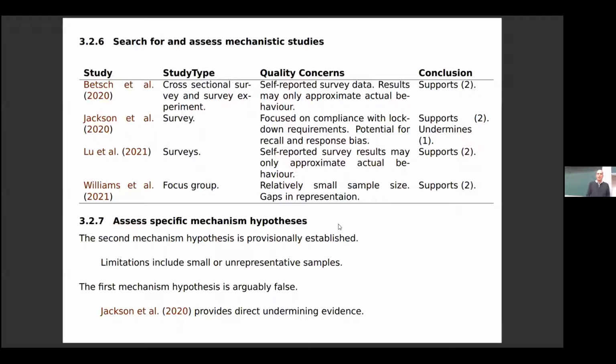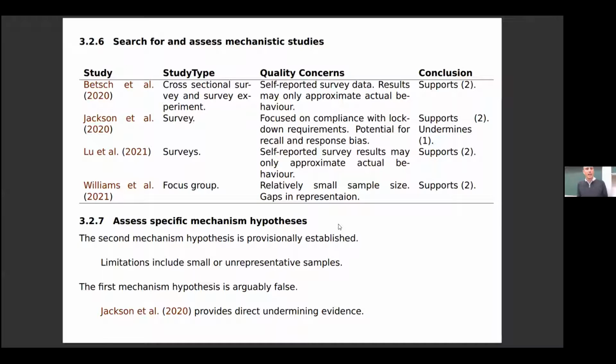We find that the mechanistic evidence strongly supports the second mechanism hypothesis, the hypothesis that it's the expressive value of the law that leads to compliance. And the mechanistic evidence undermines the role of sanctions in achieving compliance here.